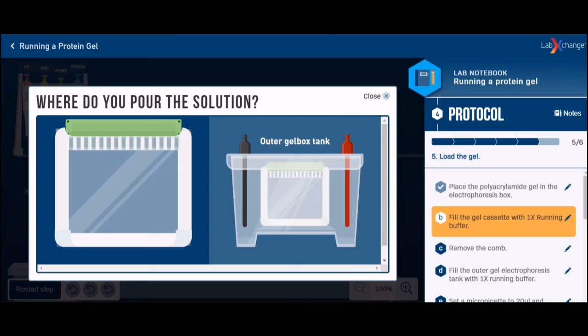We will put the 1 times running buffer in the gel box.